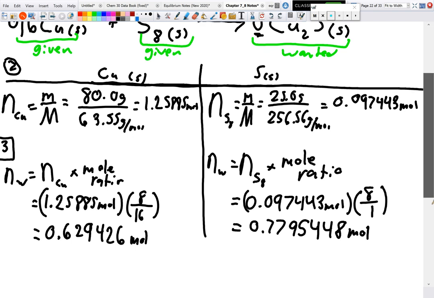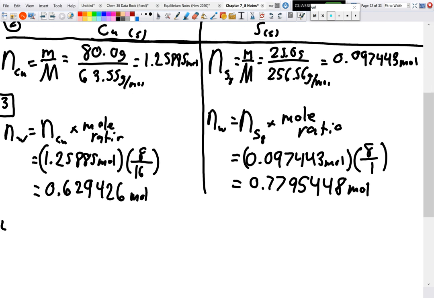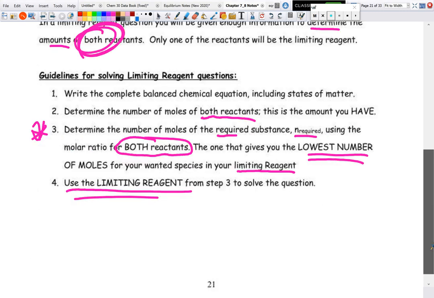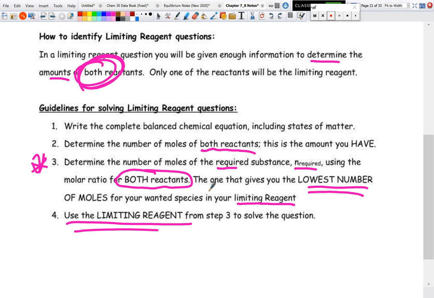All right. So step 4 is solve the question, but we have 2 values right here, so we need to pick the one that we're going to use. So when you look at the previous page, which I'm going to go back to now, it says the one that gives you the lowest number of moles is your limiting reagent, and that's going to limit the amount of products being formed.